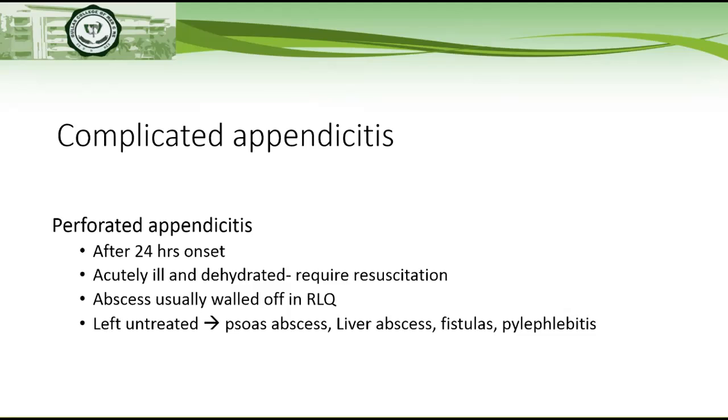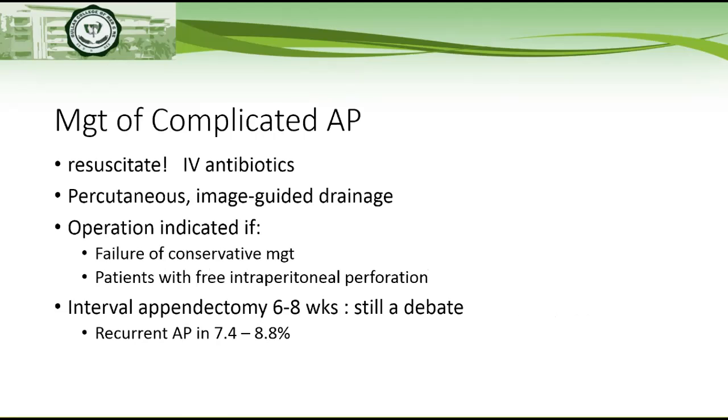For complicated appendicitis, you have perforated appendicitis. It's after 24 hours onset. If patients are acutely ill and dehydrated, they may require resuscitation. Abscess is usually walled off in the right lower quadrant, but if it's left untreated, it becomes a psoas abscess, liver abscess, fistulas, or pylephlebitis. So for the management of complicated AP, you must resuscitate and give IV antibiotics.